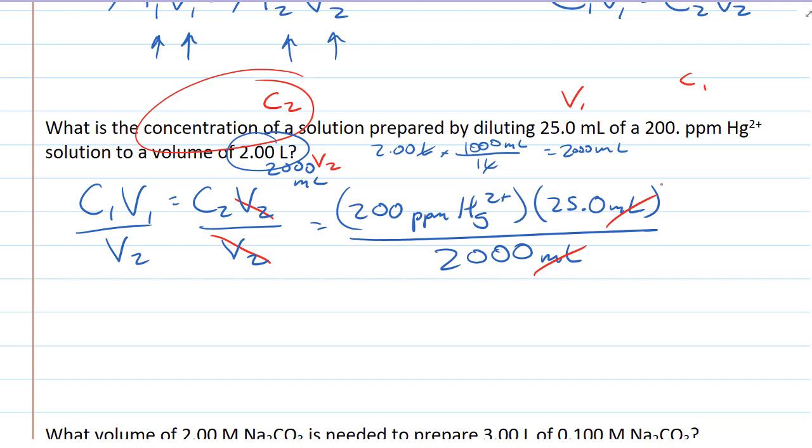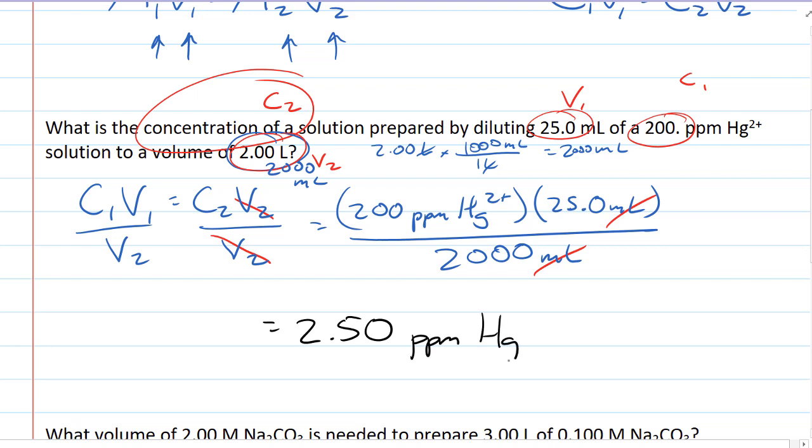How many sig figs should the answer have? Looks like 3, because this number has 3 with a decimal, this has 3, this has 3. So our answer with 3 significant figures would be 2.50. The label would be parts per million of the mercury 2 ion.